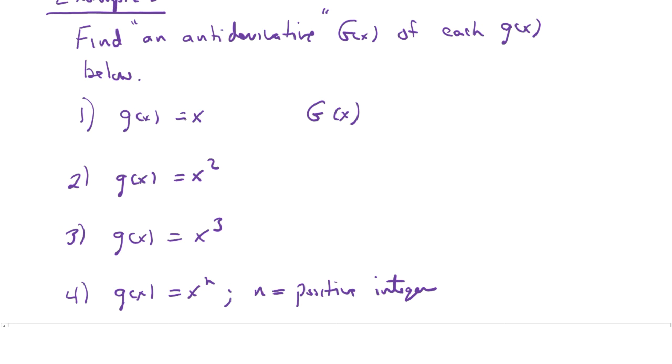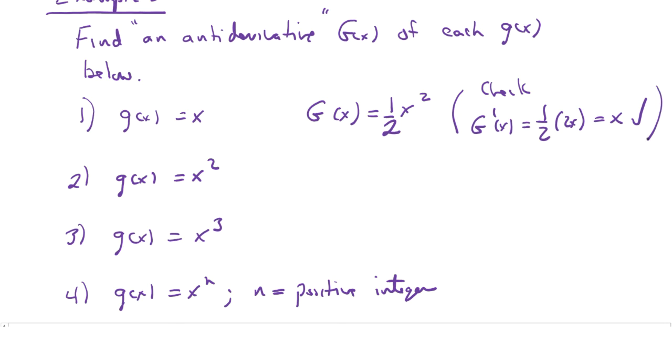We might start with x squared, but then we know that when we differentiate, we get 2x. So to get rid of that unwanted 2, we put a 1/2 in front, and then we can check, take G prime of x, and that's 1/2 times 2x, which is equal to x. So big G is a parent of little g. In problem 2, the same idea applies.